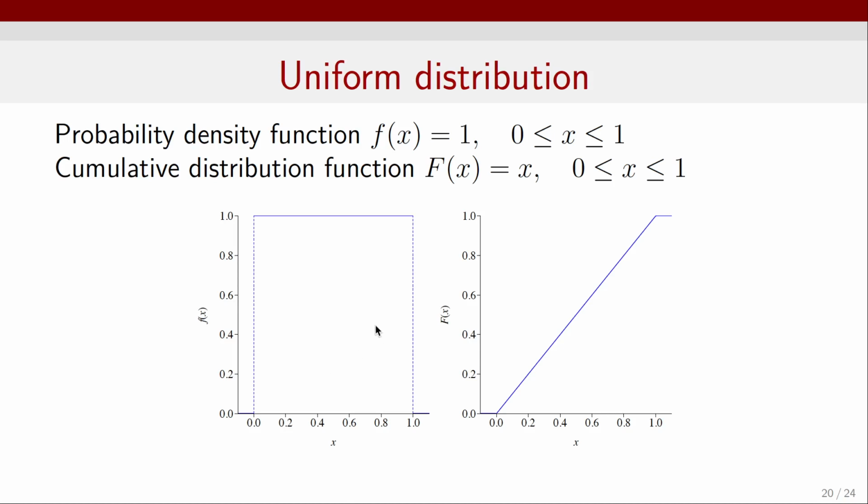So that's shown here. Obviously the area between 0 and 1 is the area of this square, which is 1 times 1, so that's equal to 1. So this is normalized properly. The total probability is 1.